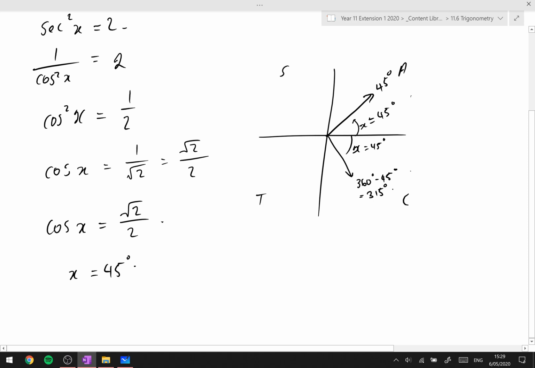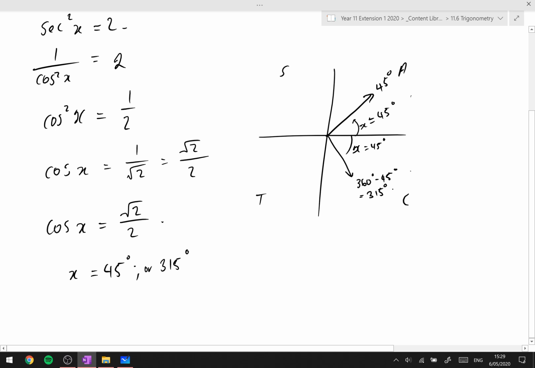So the two values that x could be, so that cos x would give a value of root 2 on 2, are 45 degrees or 315 degrees. Basically what we're trying to do is say, what value needs to go in here to give me this answer?